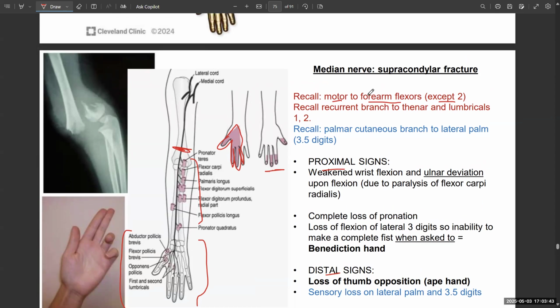Now what this means is that the median nerve supplies the flexor carpi radialis. The function of the flexor carpi radialis is to flex the wrist and also to move it towards the radial side. Okay, so upon flexion, your hand can either move to the radial side or it can move to the ulnar side or it can stay in the middle depending on the lesion.